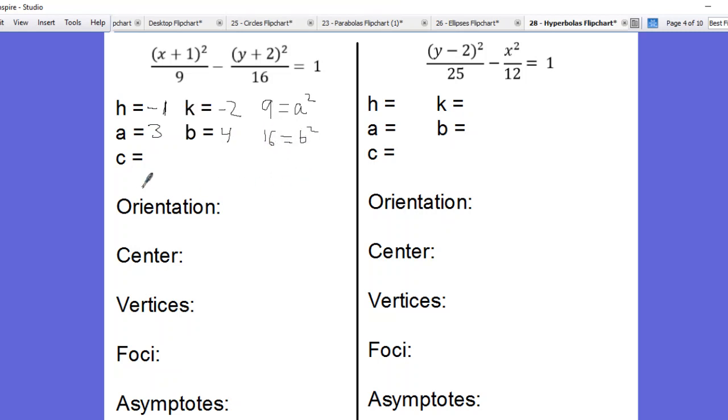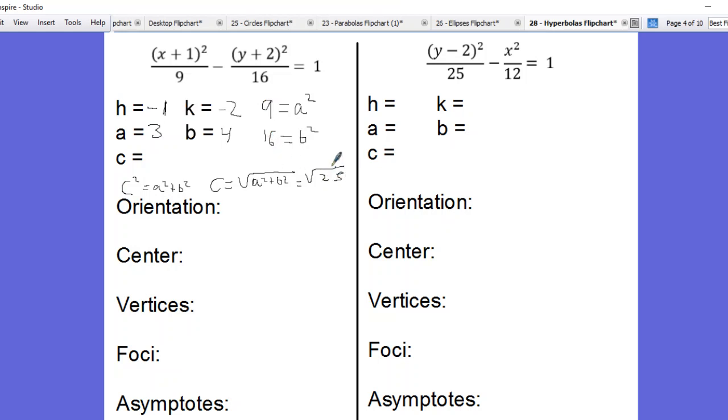Now c, our Pythagorean relation, c squared is equal to a squared plus b squared. So c is equal to the square root of a squared plus b squared. So that's equal to the square root of 16 plus 9. 16 plus 9, that is 25.